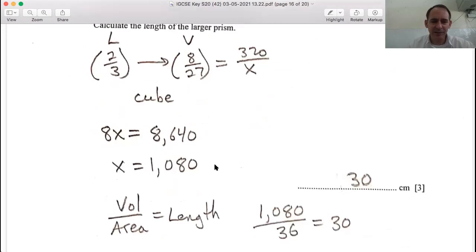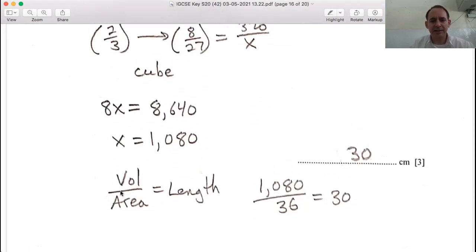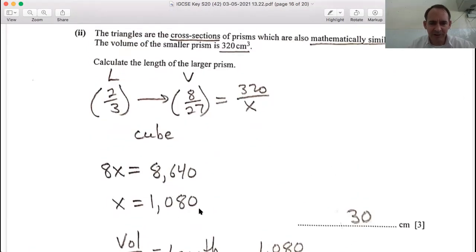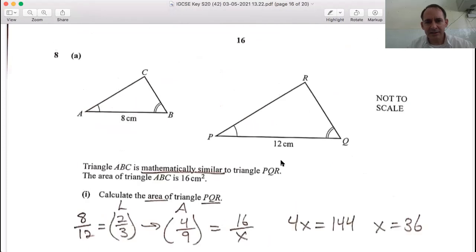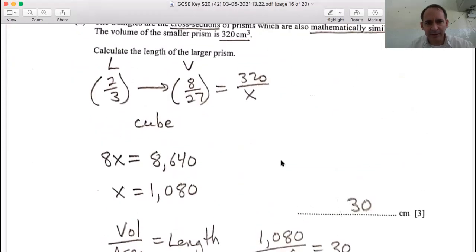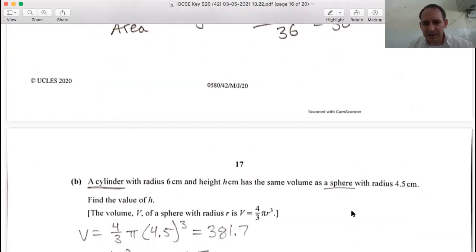It is asking for the length along the larger one. So if you take volume and you divide it by area, that gives you length. So here's the volume, the 1080, and the length of the larger prism was 30.